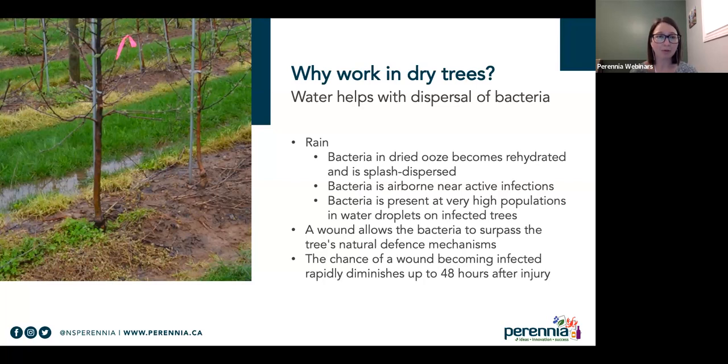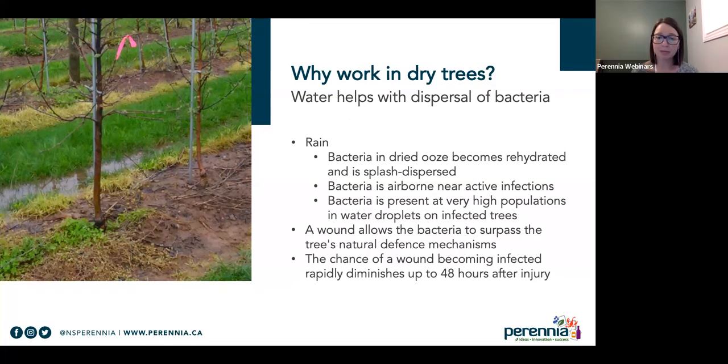Bacteria becomes airborne near active infections, and the bacteria is present in very high populations in the droplets on infected trees. If you are working in those trees and you create a wound, that water carrying bacteria can easily enter that wound, and the plant doesn't have defense mechanisms against that kind of entry.